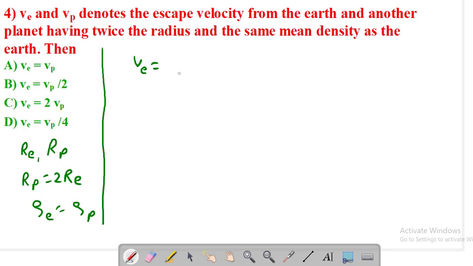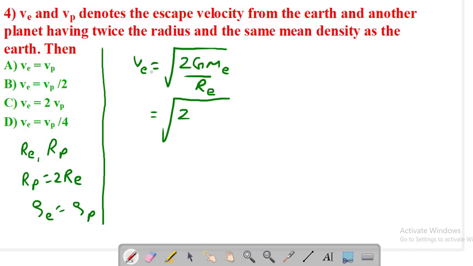VE is equal to under root 2GM upon R, where the symbols have the usual meaning. I just said this is Re, and of course this is Me, because the mass of Earth and planet are different. So what we are now deriving is the escape velocity for the Earth.